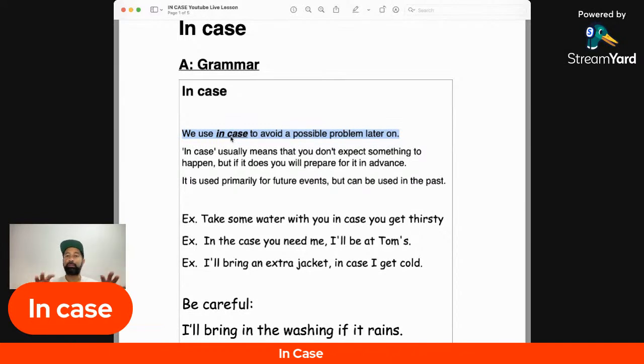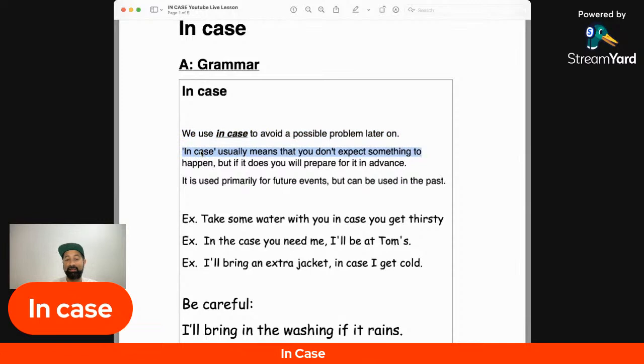We don't have the problem right now, but there is the possibility. There is a potential problem, so I want to prepare for that problem. Again, I don't have the problem now. The problem may happen in the future, so I'm going to be preparing for that problem.